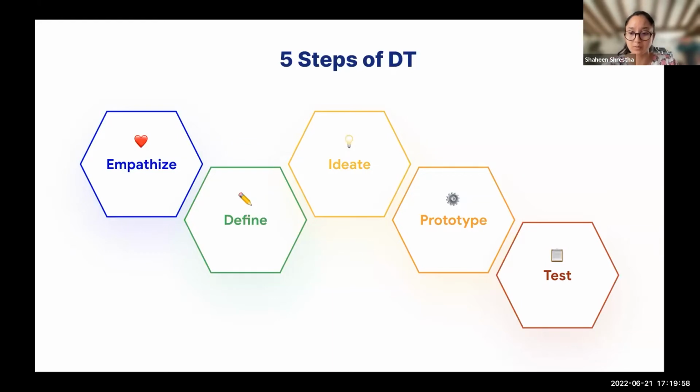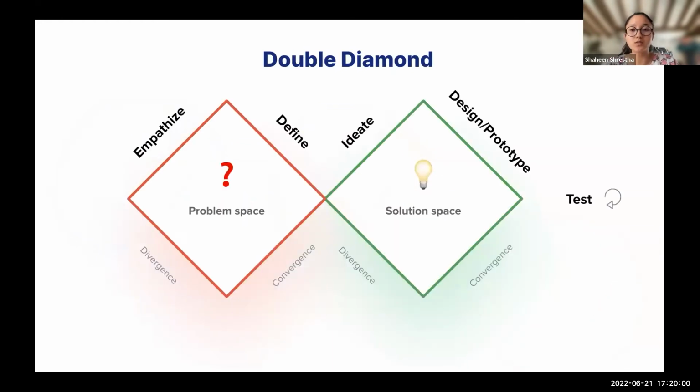So how we do this is through a process called the double diamond. As you can see, there are 2 diamonds here. In the first one, when we empathize, we diversify our data collecting, we diversify our problem space.